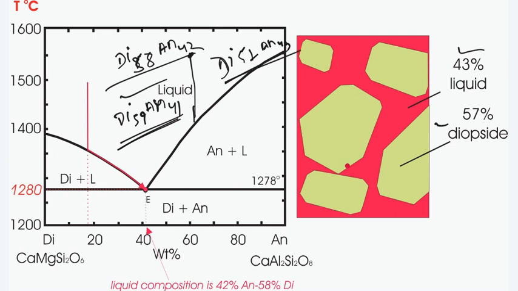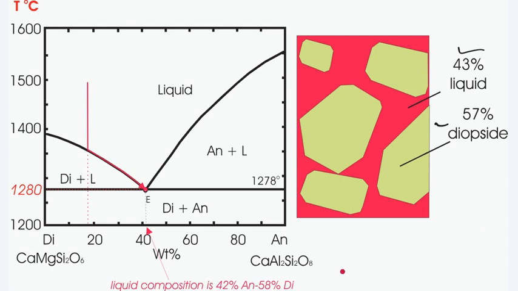So if you take any composition except the eutectic composition, one of the components will crystallize first. If you take the eutectic composition, dioxide 58, anorthite 42, as a liquid, then for that composition only the crystallization begins with simultaneous crystallization, and it doesn't have any path of crystallization.